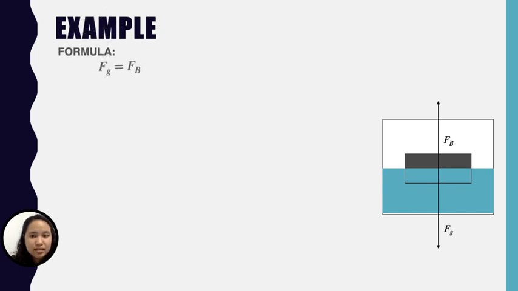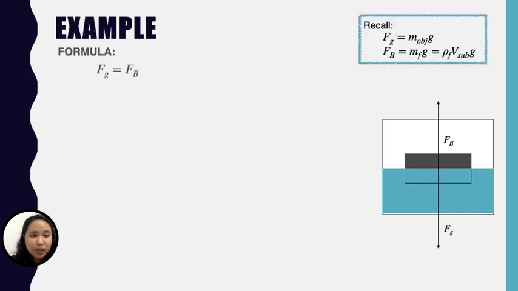Okay, next. Recall that your force due to gravity is equal to the mass of the object times gravity, and your buoyant force is equal to the density of the fluid times the volume submerged times gravity.